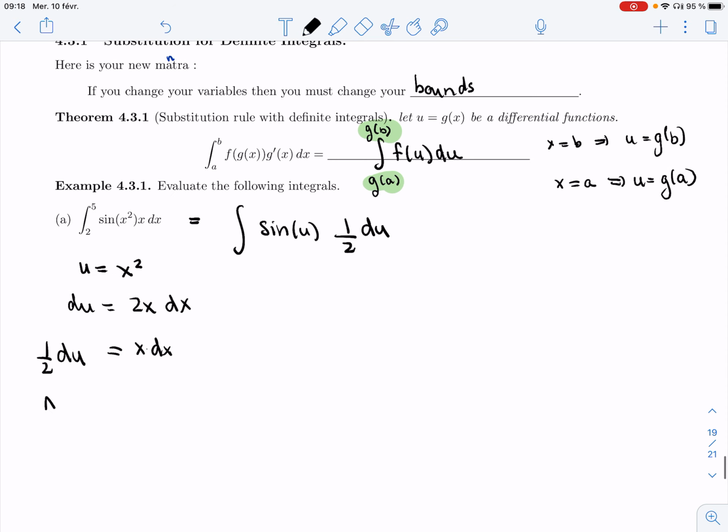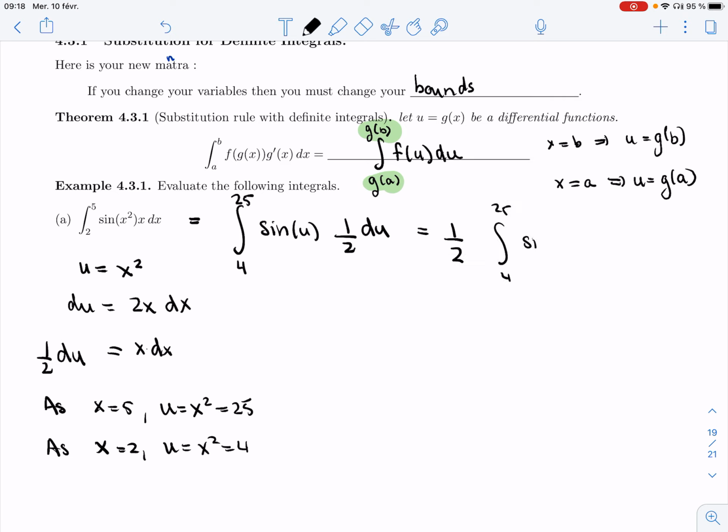All right, so let's write them here. As x is 5, u, which is x squared, will be 25. So the top bound is 25. And as x is 2, u, x squared, is 4. All right, so this is the integral that I have to compute. I can take the 1/2 outside. Now I have to take an antiderivative for sine of u.